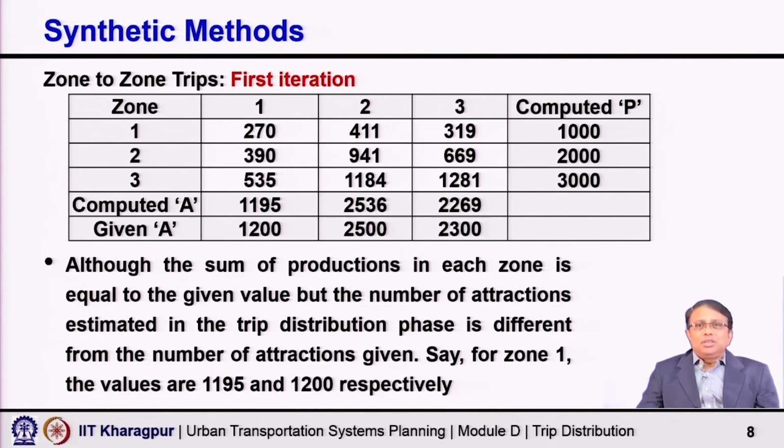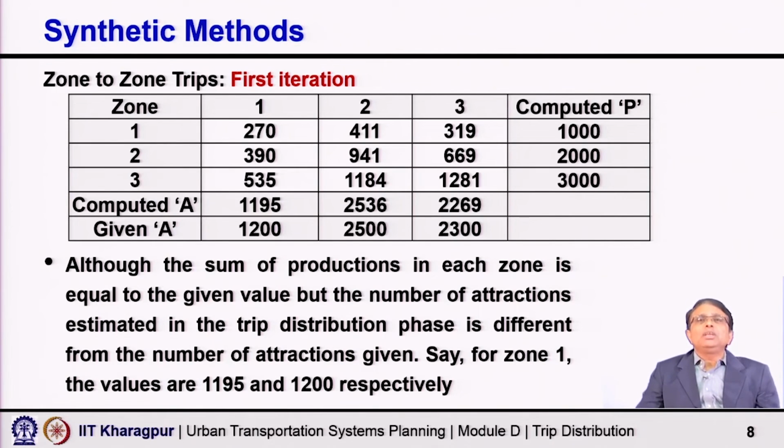But we want a trip matrix. Although we used a singly constrained model, at the end of the day we want a Tij matrix, trip matrix, which should give a good match to both the row totals and the column totals. That means the productions and attractions of each zone should match. So, what do we do?